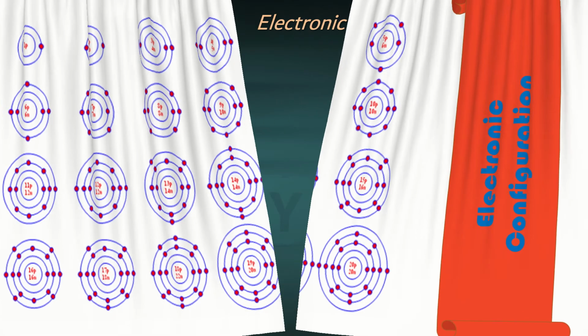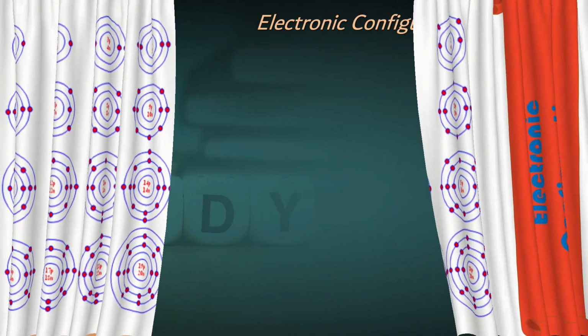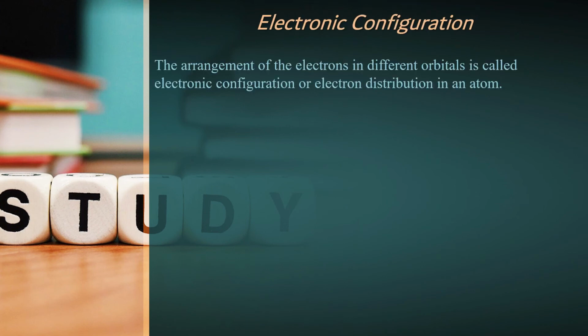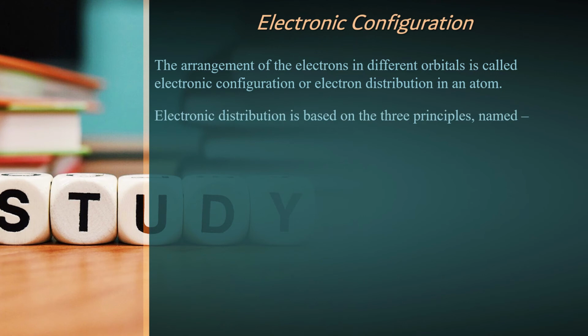Now, before going to our main topic, I want to review the previous class for just one minute. That is electronic configuration. You all know what electronic configuration is. Electronic configuration is the arrangement of electrons in different orbitals of an atom. This electronic configuration is done by following three main principles.